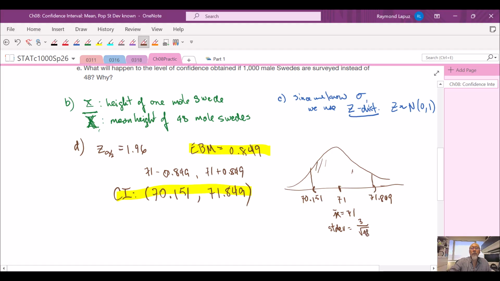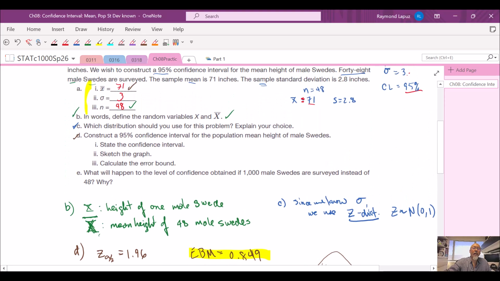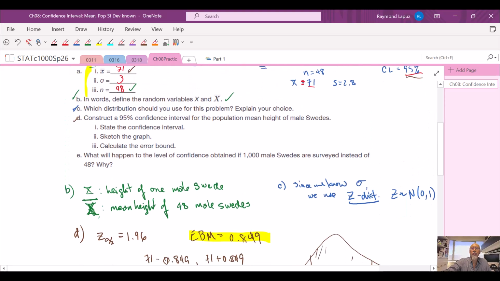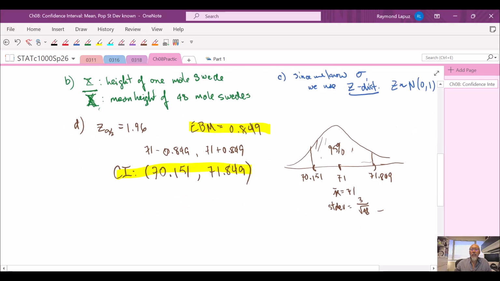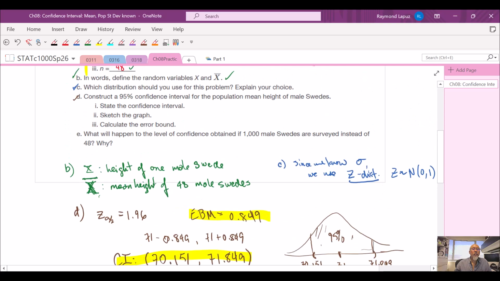So this is going to be a really small number and a small standard deviation, but we're saying that we're planning to catch, what is the CL? We're planning to catch 95% of our data within here. Okay, so this is our graph, our drawing, and that takes care of D.